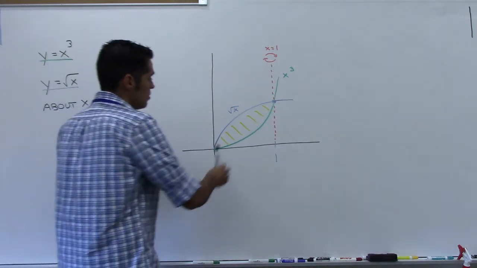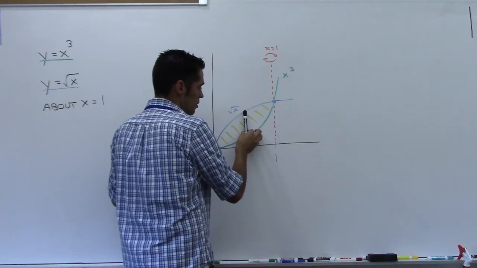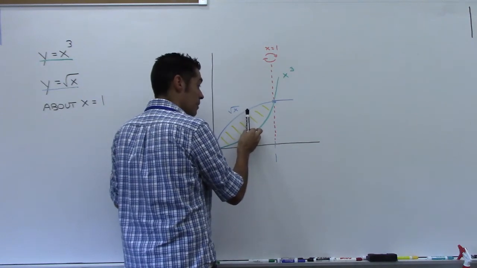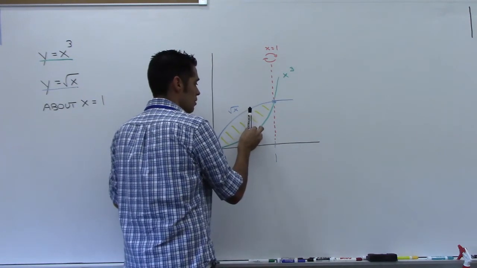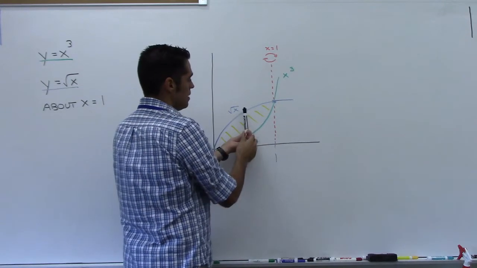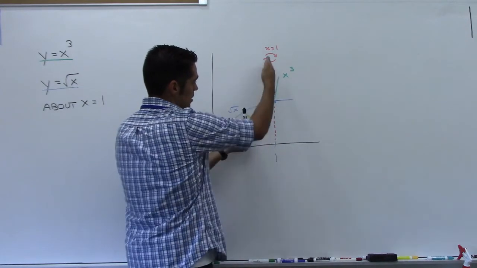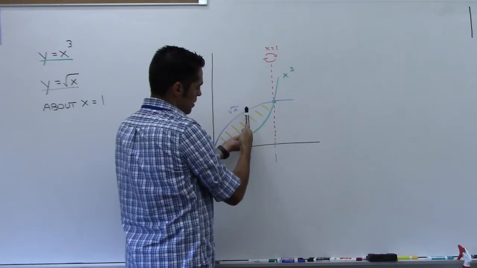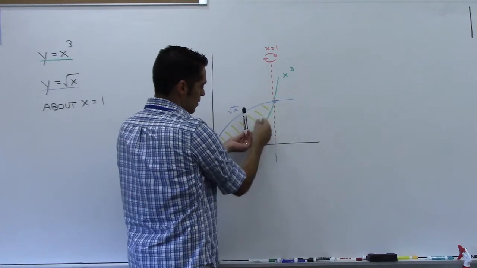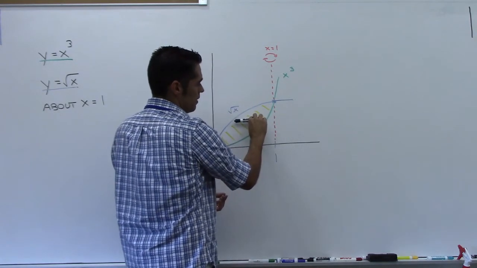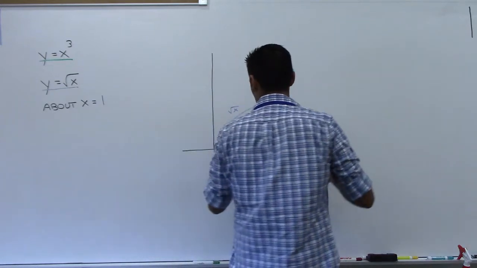So I cannot use a vertical rectangle here. As much as I want to, I can't, because with method of discs and washers, your rectangle has to be perpendicular to your axis of rotation. So here's my axis of rotation, here's my rectangle. They're parallel, not perpendicular. So I have to use a rectangle that goes sideways.